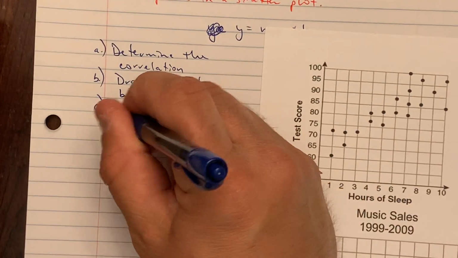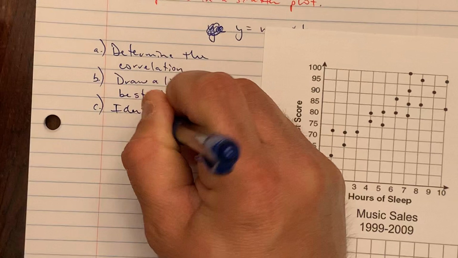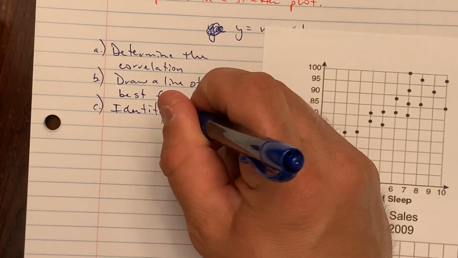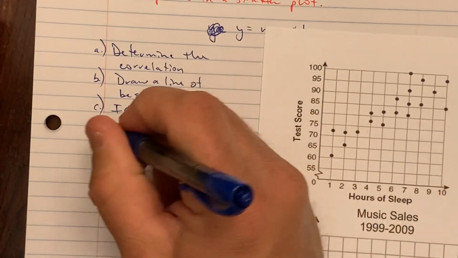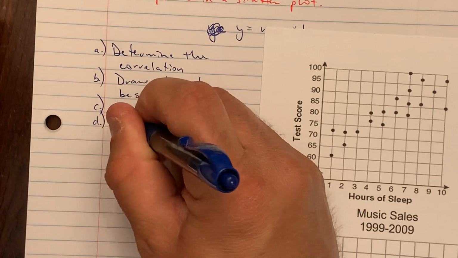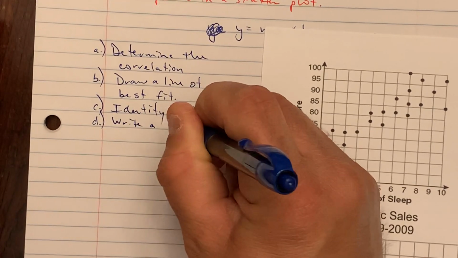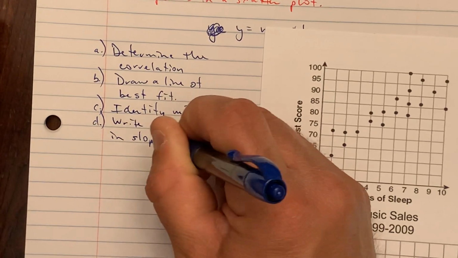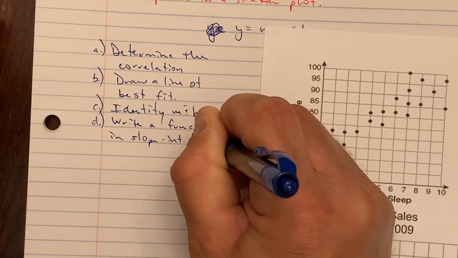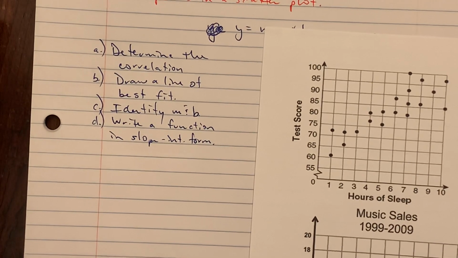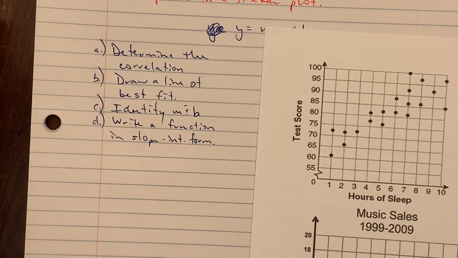We're going to identify our parts of our slope-intercept form. So we need to identify m and b. And then we're going to write a function in slope-intercept form. And then using slope-intercept form, I'm going to be able to answer questions based on the information by plugging those numbers into the equation.